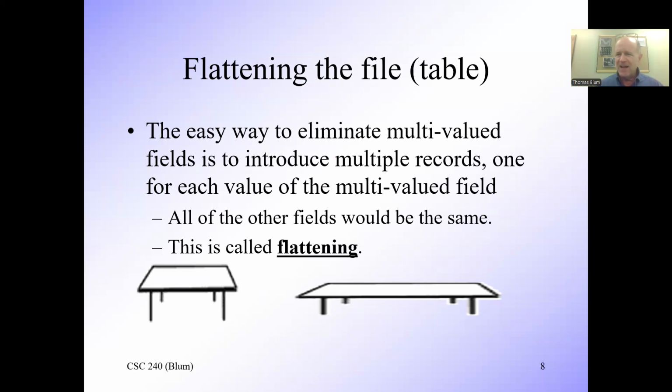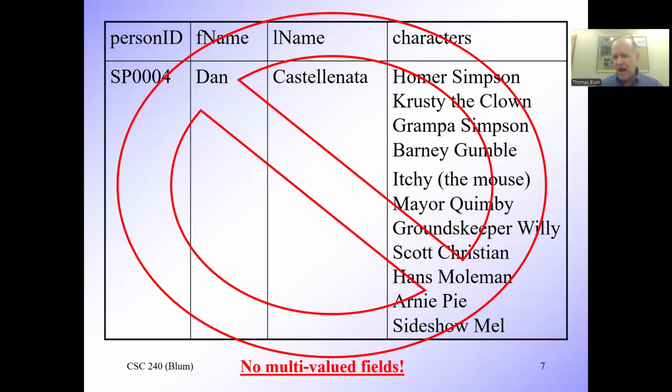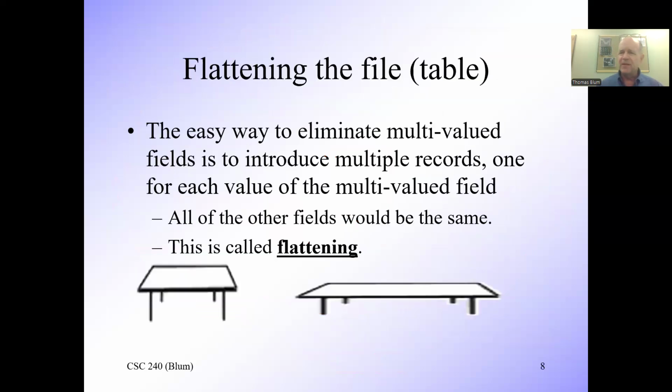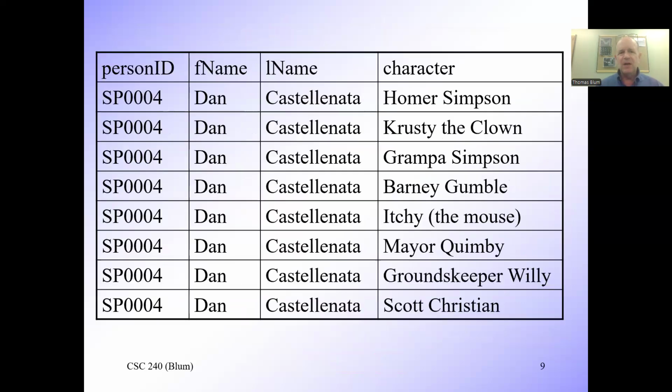So we are flattening the table. We're taking that multi-valued field that we saw before, and we're going to make a row for each one of those values. This is known as flattening. So now I have the person's ID and the person's first name and last name, and then each character individually.